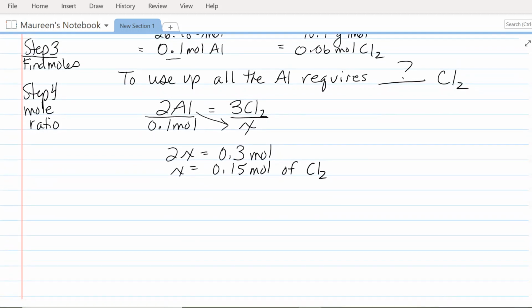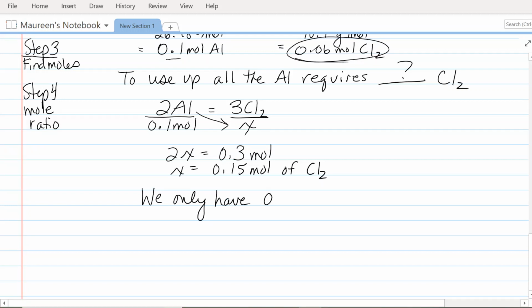All right, so now what I need to do is go back to my givens. Okay, so I look back up here and I say, we only have 0.06 moles of chlorine. That's not enough. Okay, so that's like saying we didn't have enough chocolate or marshmallows.